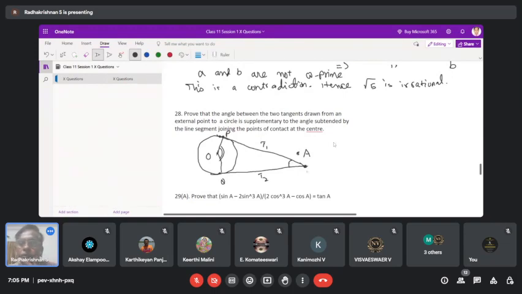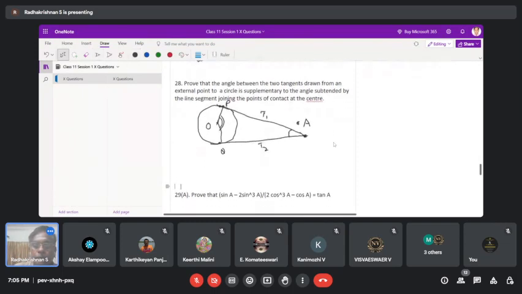That is, to prove PAQ and POQ are supplementary.